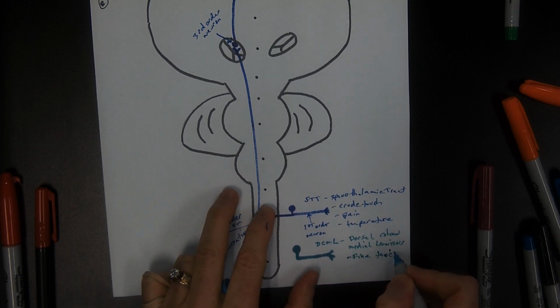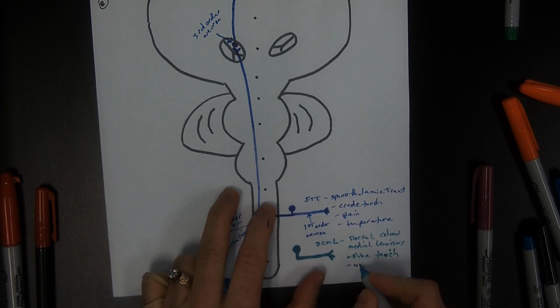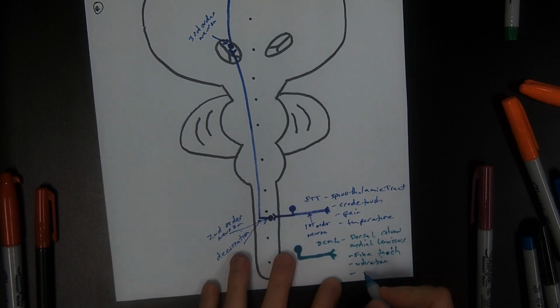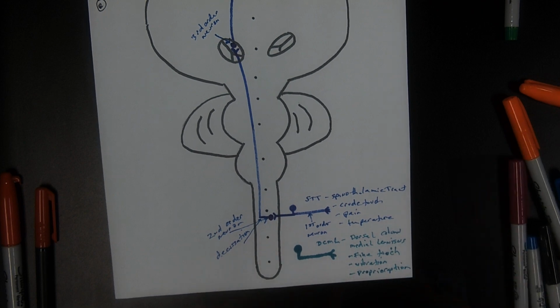Anybody? Vibration, yep. One more. Conscious proprioception. This is going to be conscious. I'll put proprioception, but this is the conscious proprioception. That just means that I'm aware of it.